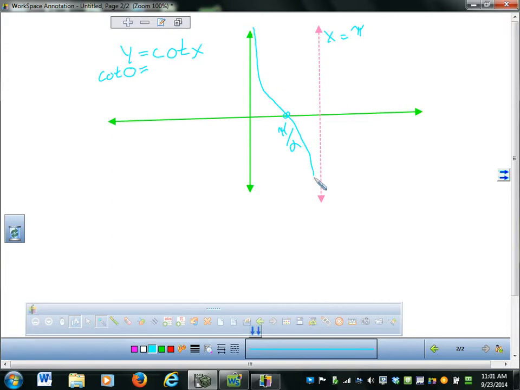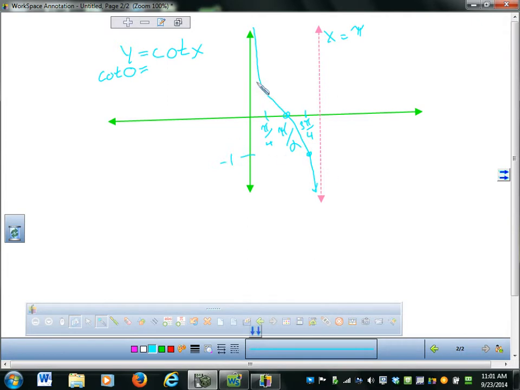Tangent and cotangent are both 1 at pi over 4, and negative 1 at 3 pi over 4.